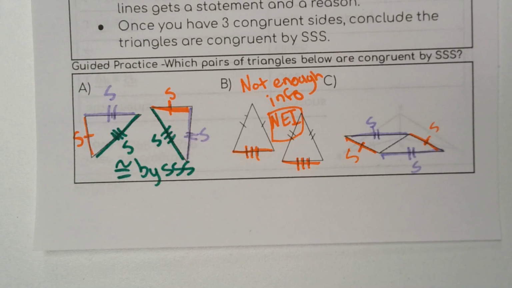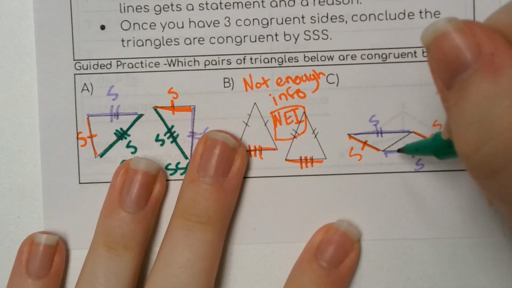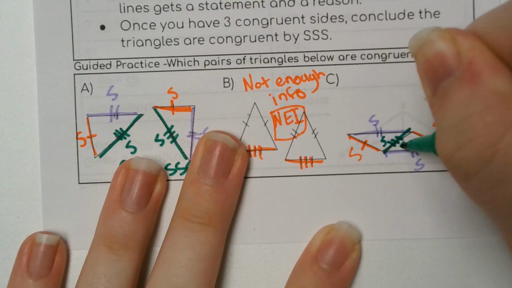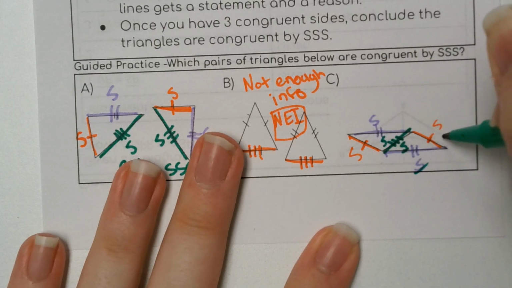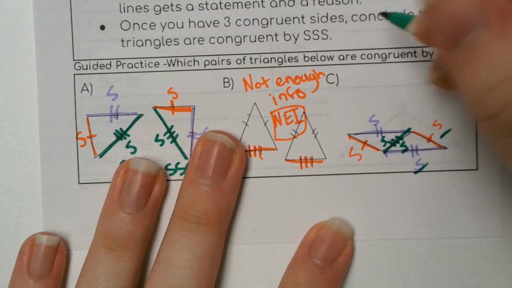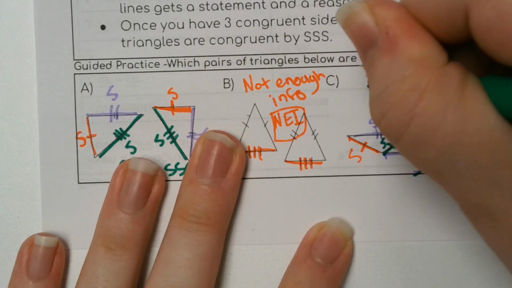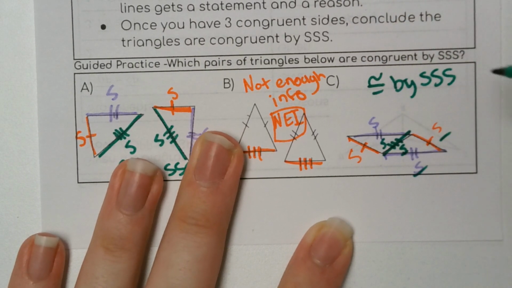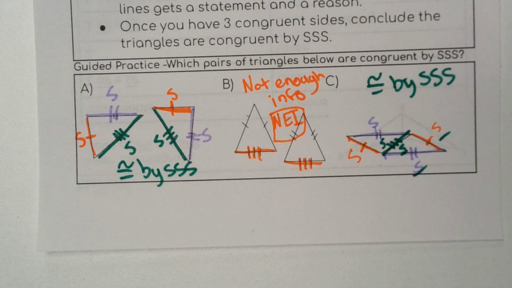So we can say that that side is the same as itself. Remember, that's the reflexive property. So that's our third S. So we spell it out, and it's SSS. So this one is congruent by SSS because we have 3 pairs of sides that are congruent on each triangle.